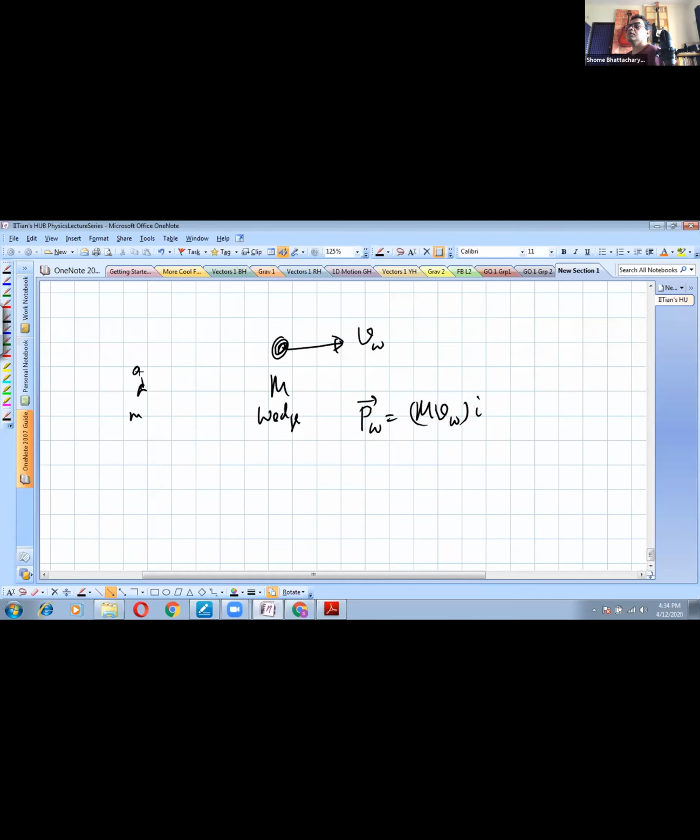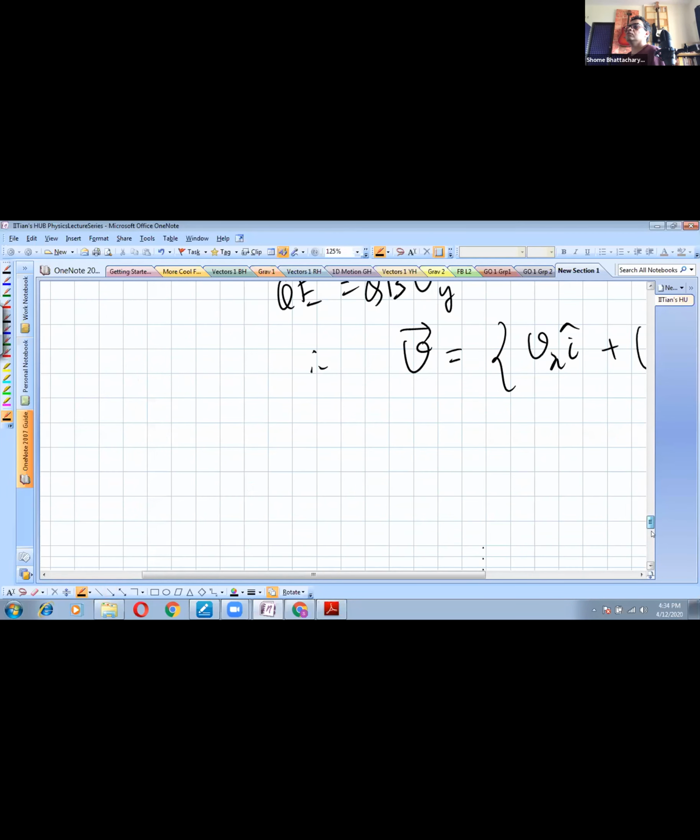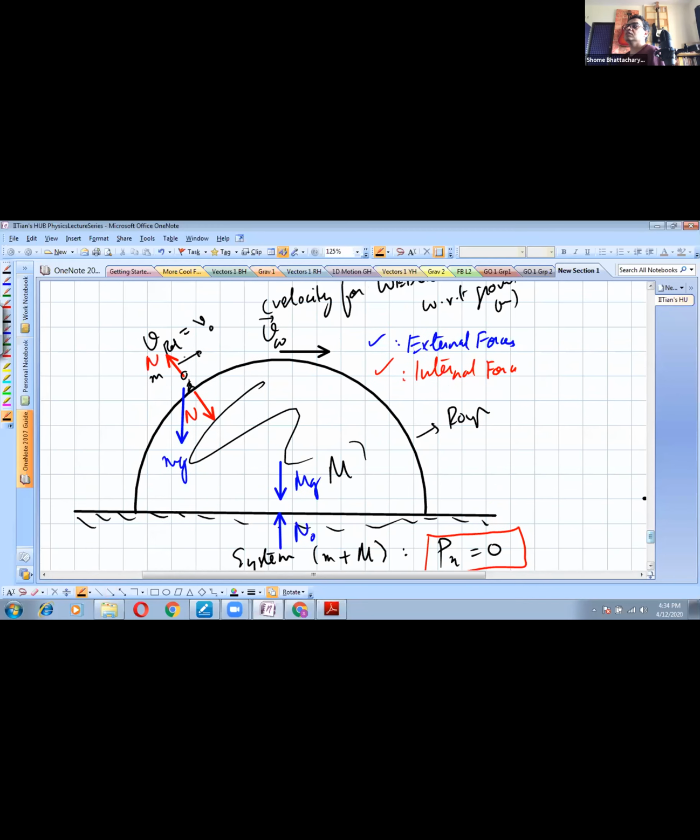In that diagram, this was his relative velocity, and it would have been in the tangential direction. In this diagram, you can see this velocity v0, his relative velocity, is along the tangent.